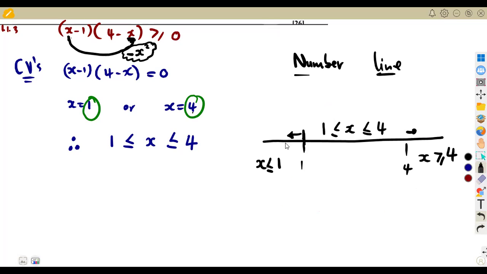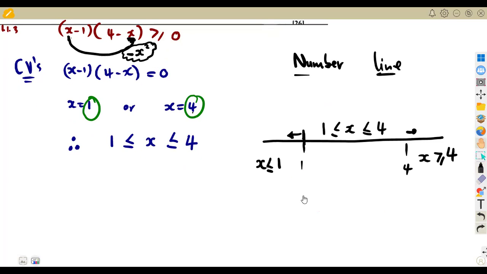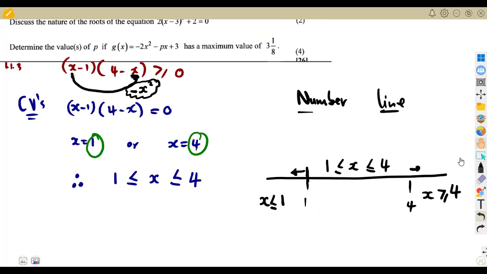So you test the values. Do they maintain exactly this inequality that I'm given here? Because you are comparing with this situation here, remember. Our situation is x minus 1 into 4 minus x.